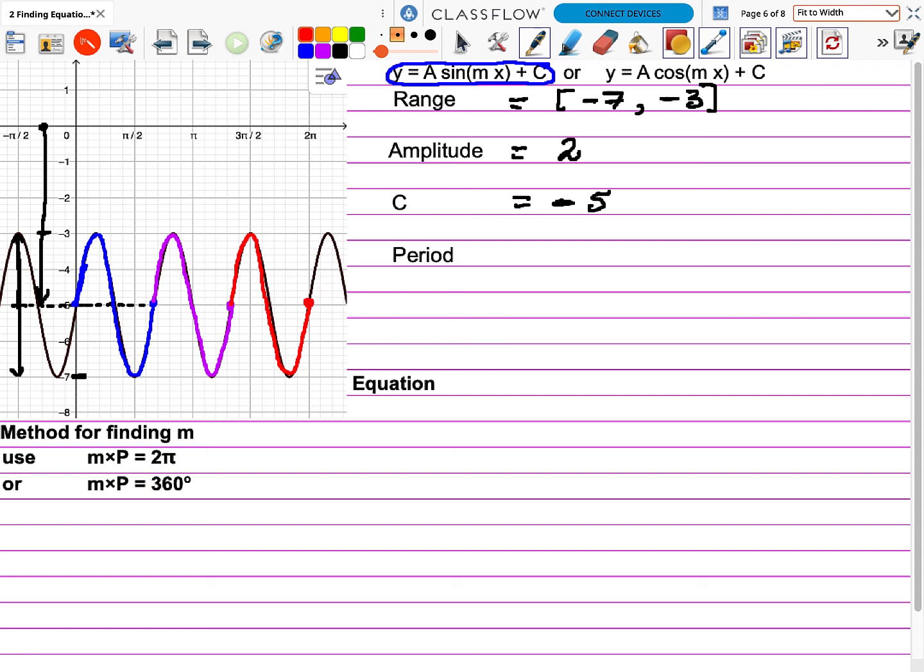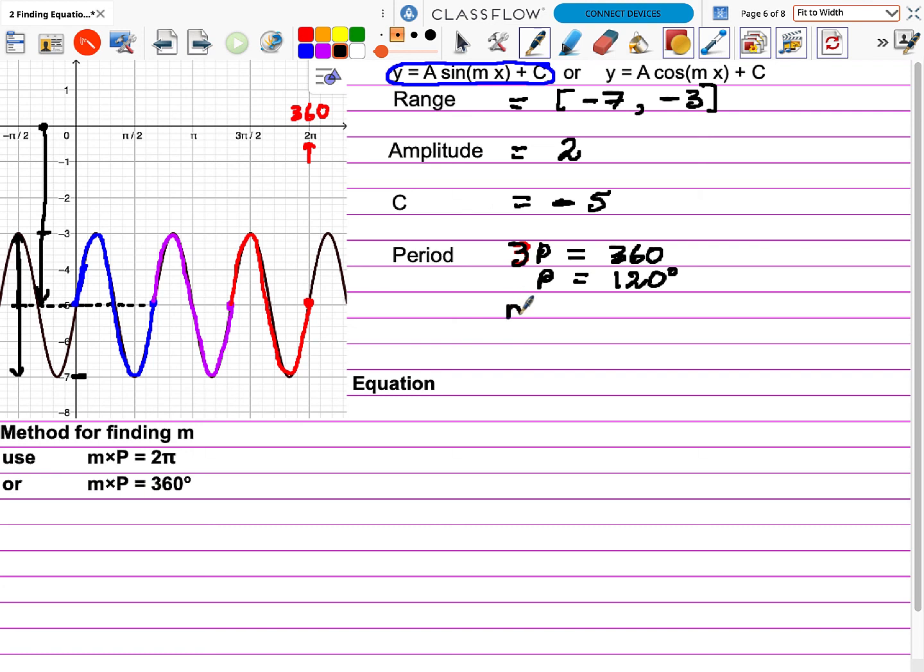When we track it up, there is a definite value of 2 pi or 360 degrees. Now, we haven't worked out what one period is, we've worked out what 3 periods are. So 3 periods is equal to 360 degrees. So dividing both sides by 3, we've got 1 period is 120 degrees.